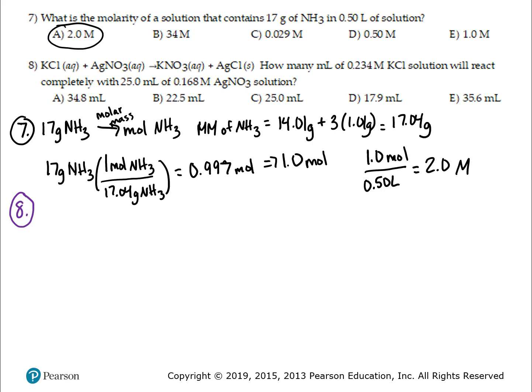The key here is understanding that with this balanced equation, the ratio of moles is 1 mole of potassium chloride is required to fully react with 1 mole of the silver nitrate. So however many moles of silver nitrate we have, that's how many moles of potassium chloride we need.